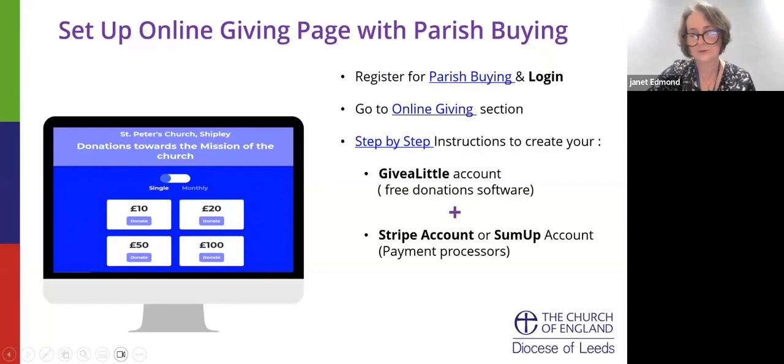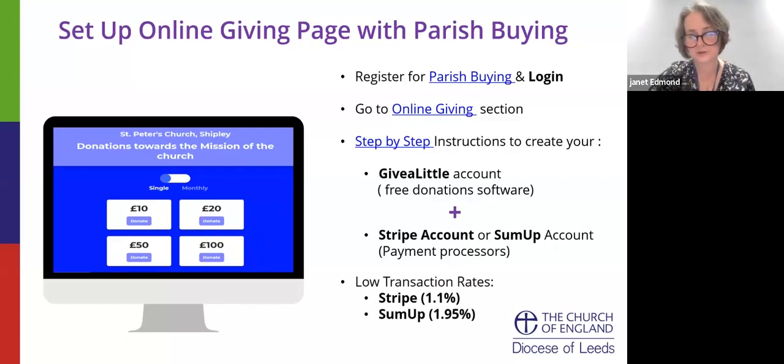Now, you only need one of these, but these accounts are the payment processing accounts. What that means is that when somebody donates on your online giving page, the donation goes directly to either Stripe or SumUp first of all, and then they will take a transaction fee from that donation.